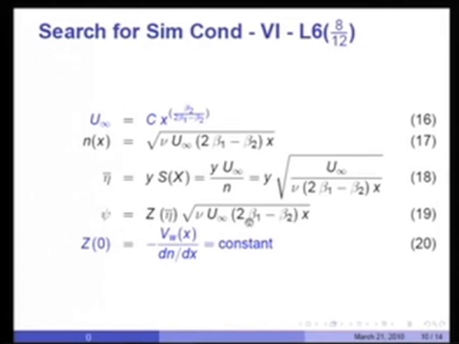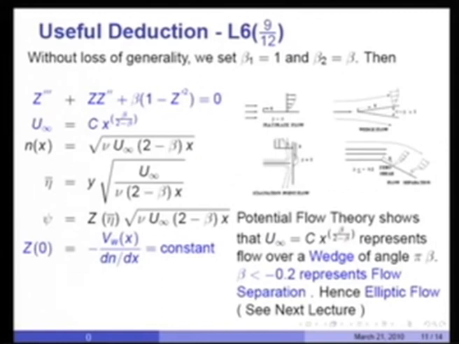So, now we have found the variable eta bar in terms of beta 1 and beta 2, u infinity in terms of beta 1 and beta 2, and psi again in terms of beta 1 and beta 2, and z 0 again likewise, and that must be a constant. Now, there is something very useful we can deduce.